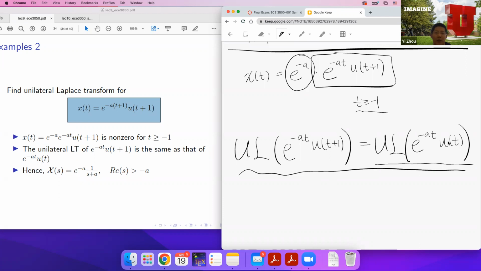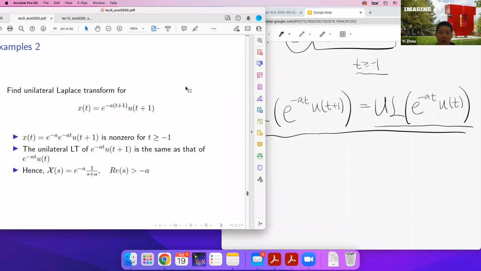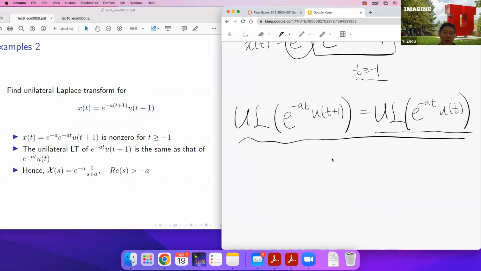We can replace it by u(t), because again, we are leveraging the basic definition of unilateral transform, because unilateral transform always starts from 0. So you write out the definition of unilateral transform of this signal. Right. So this is the signal, and this is the unilateral transform.